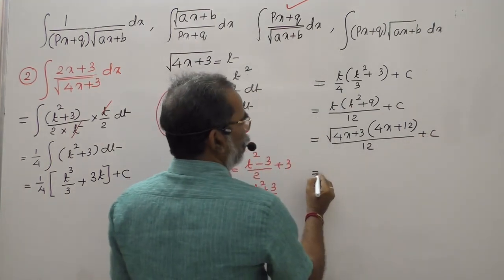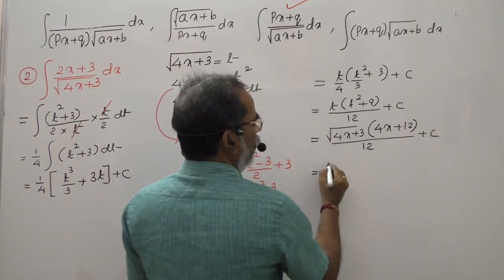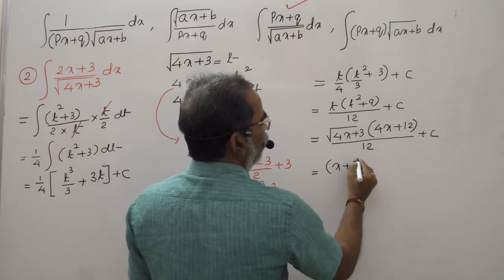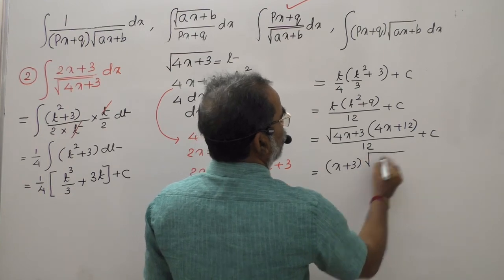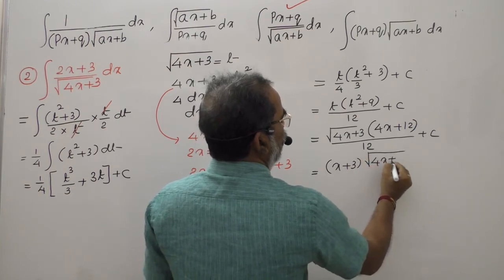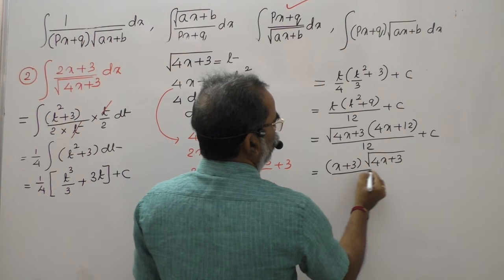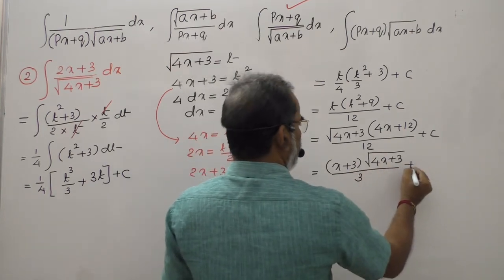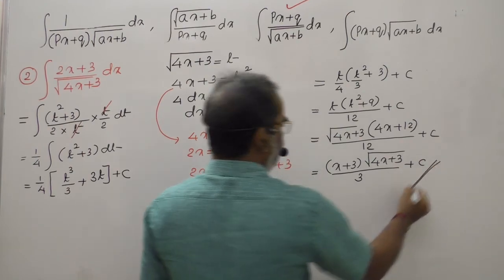If you want, you can take 4 common here. If you take 4 common, you will have (x plus 3) into root 4x plus 3. I took 4 common in the numerator, that will be cancelled 3 times. Plus c. This is the answer.